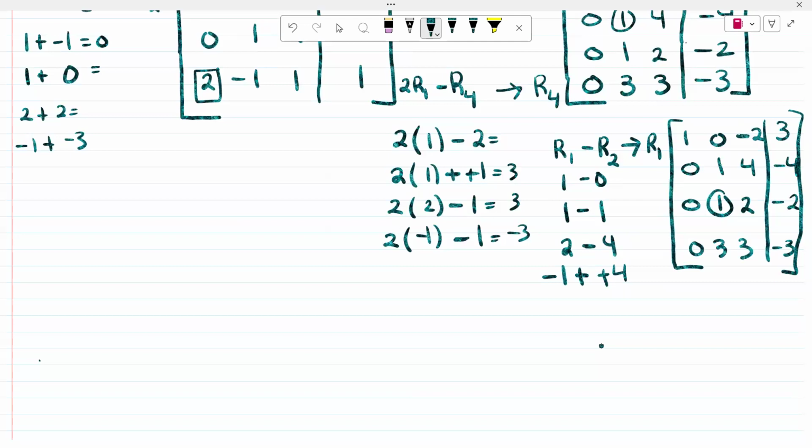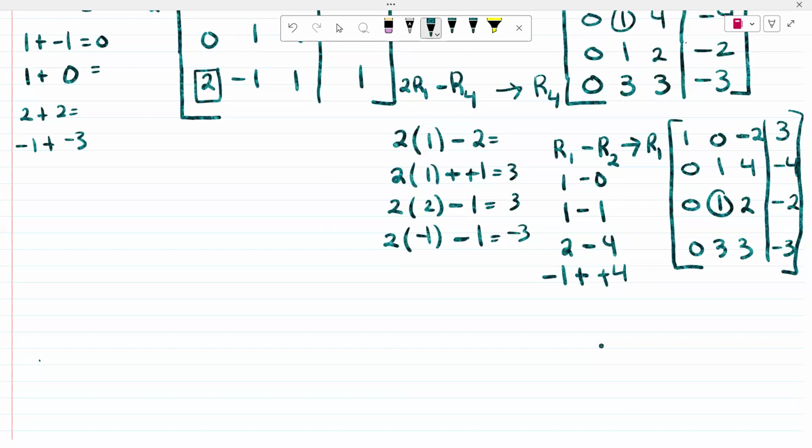I already did this problem, but I just realized that to make this one into 0, all you could do is row 2 minus row 3, and that will give you a 0, because that would be 0, 0, 1 minus 0, 0, 4 minus 2 is 2.